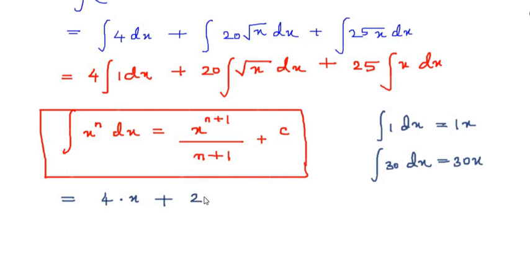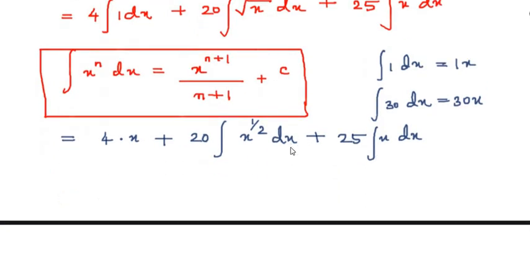This becomes 20. Integration of square root of x is nothing but x to the power of 1 over 2 dx, plus 25 integration of x dx. I have not simplified these two terms. I have not integrated these two yet. So let us see now.